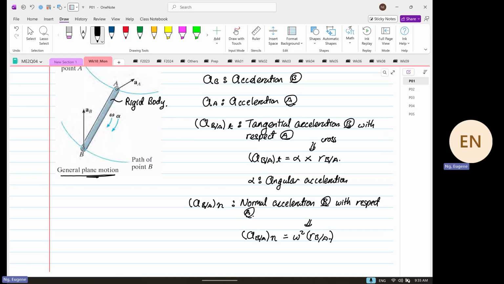So there is no cross product here. It's a direct multiplication that we can see later on.